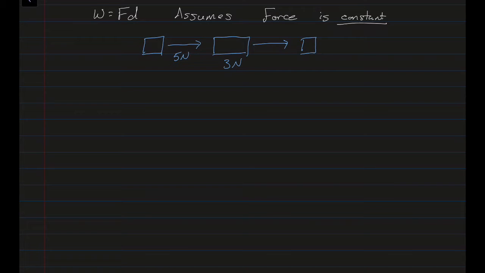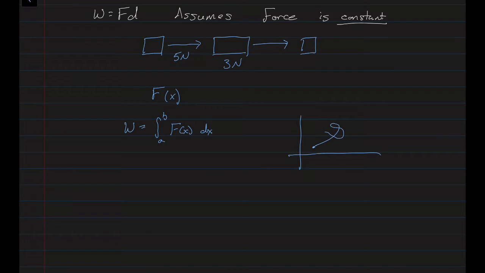And then I finally come to rest. Now my force has changed. So the force is actually going to be a function of the distance. And to find the total work, we're going to integrate from point A to point B of f of x dx.